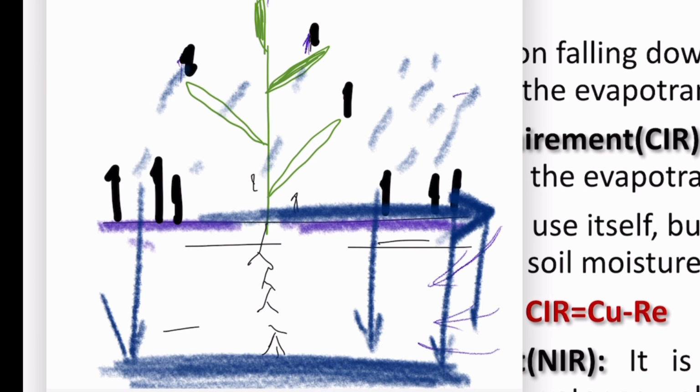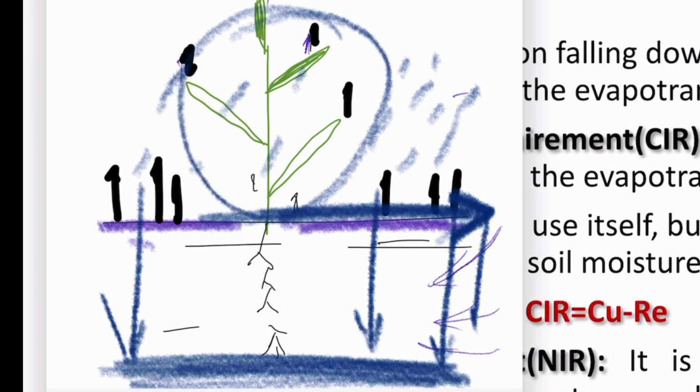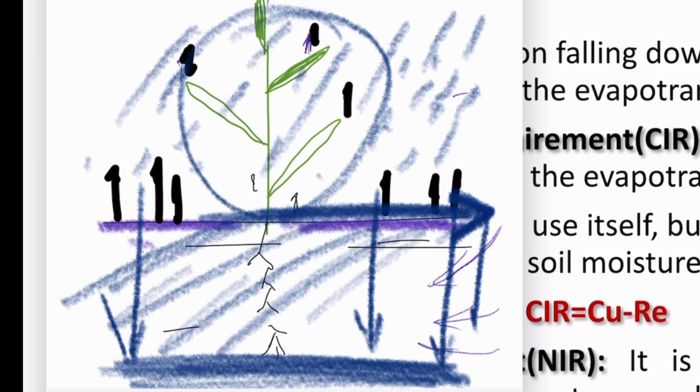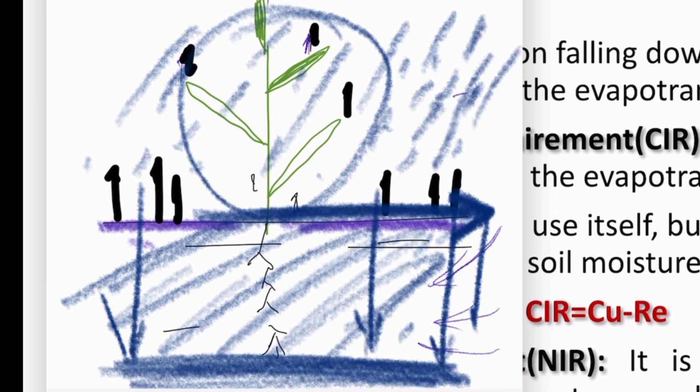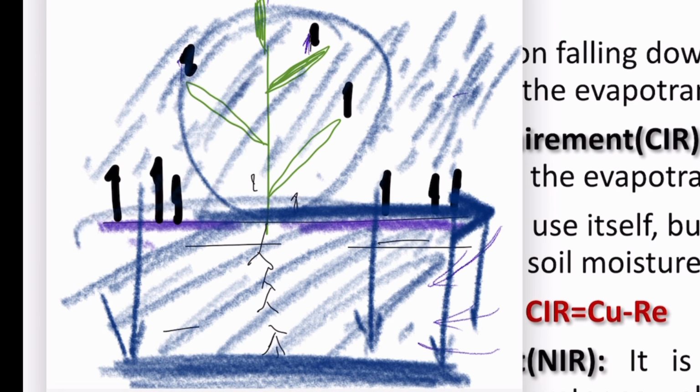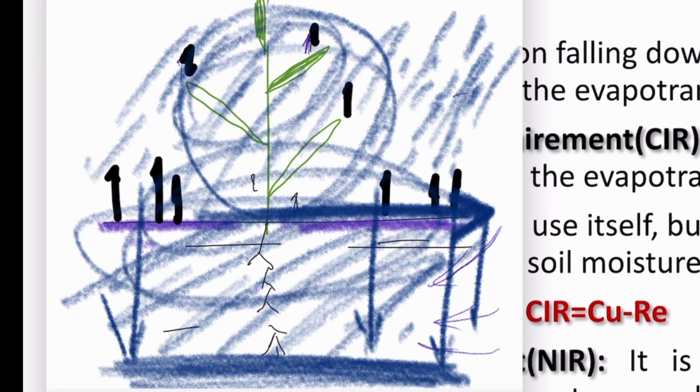This water is not available for the crop to fulfill its nutrition value or its evapotranspiration need, right? But after some time, once the surface runoff takes place and the soil achieves its saturation value, then through whatever water we have got through the rainfall, the crop may fulfill its ET value.